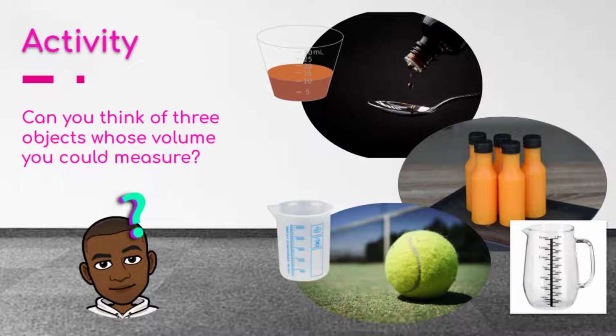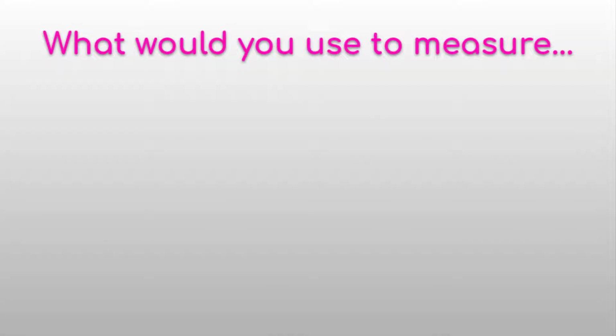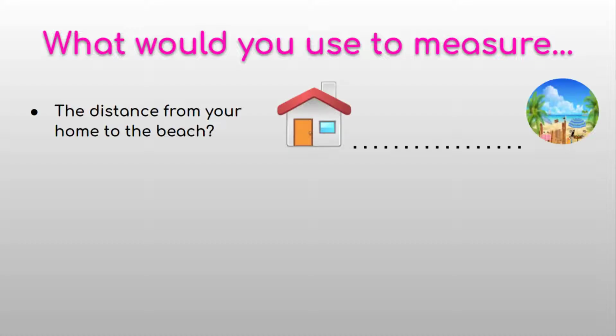Wow. We have looked at a lot of instruments. Let us do a quick review. Can you list an item you would use to measure the distance from your home to the nearest beach? Well, if you live really close and could use a meter rule, then good for you.